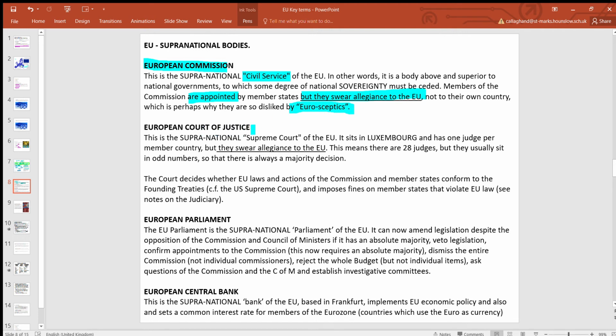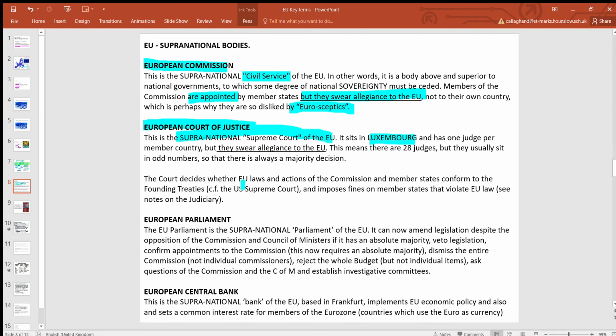The second supranational body is the European Court of Justice. Again, nothing to do with the European Convention on Human Rights or the Human Rights Act, and some of you are still writing that in your essays. The main European court for that is the European Court of Human Rights, which has nothing to do with the EU. But the European Court of Justice is like the supranational Supreme Court of the EU, and sits in Luxembourg.